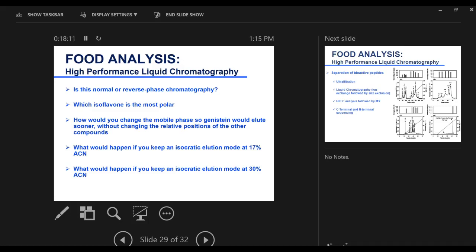Now this requires you to think a little bit. How would you change the mobile phase so that genistein, which is the one that comes at the very end, would elute sooner, that means comes out sooner, without changing the relative positions of the other compounds?